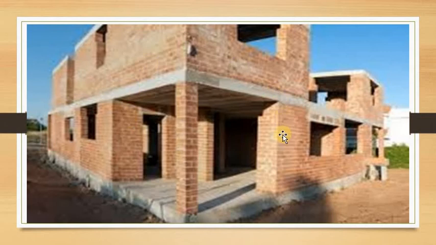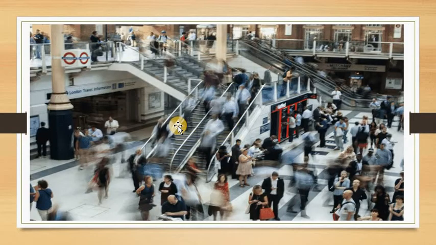This is a structure without columns, a load bearing wall structure. You will see only slabs and brick masonry. This is one of the commercial complex buildings where people are enjoying. Without any fear, with security, they are able to do their work in this building because of civil engineers' design.